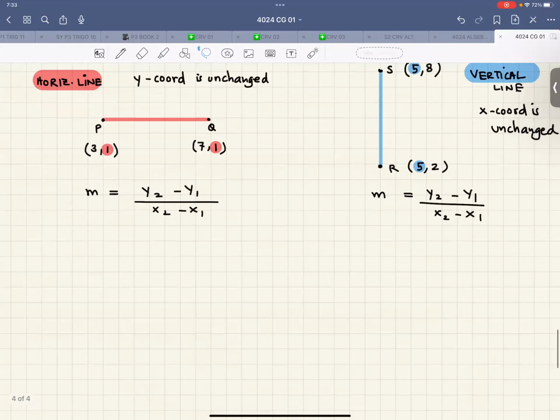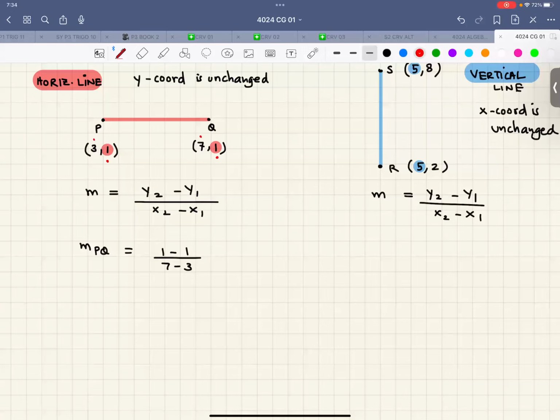So over here, for gradient of PQ, this is 1 minus 1 over 7 minus 3. What I'm doing is subtracting these two. So this is y2 minus y1, this is 1 minus 1. It's the same.